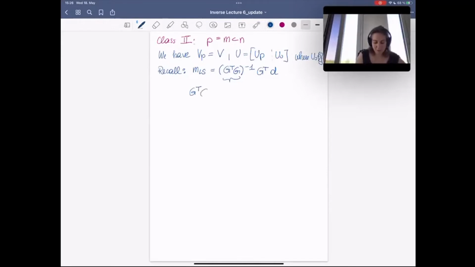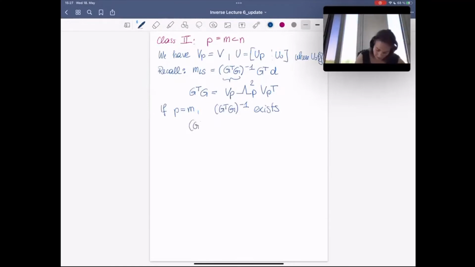So G transpose G equals exactly Vp lambda p square Vp transpose. So if P equals M, so the dimensions match here, the inverse of G transpose G exists. We just have to invert this.